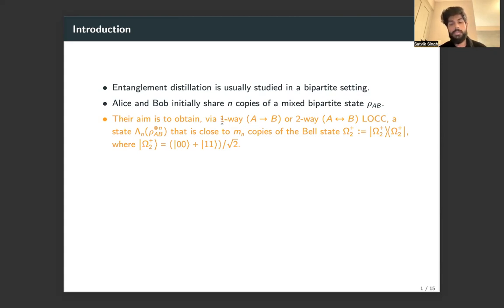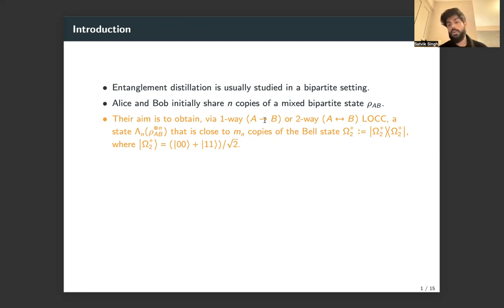Now, the one thing to note here is that the classical communication configuration between the two parties matters in this procedure. If we allow communication only in one direction from Alice to Bob, then this is a different task. If you allow backward communication from Bob to Alice as well, then you might be able to do better because you're adding another resource.